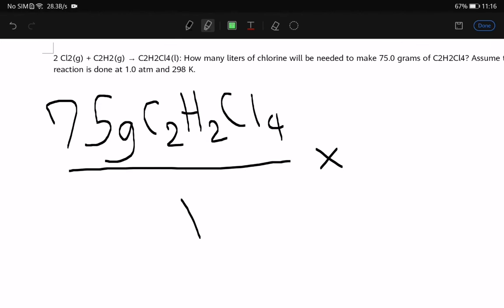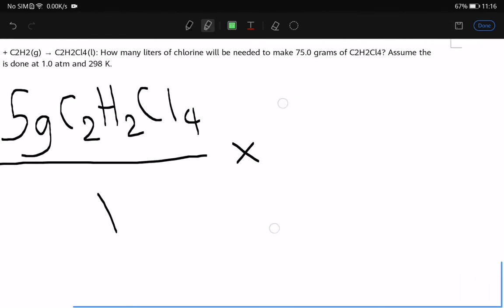But for the sake of it, let's write down the actual mass, which is 35.45. So plus 35.45 times 4.